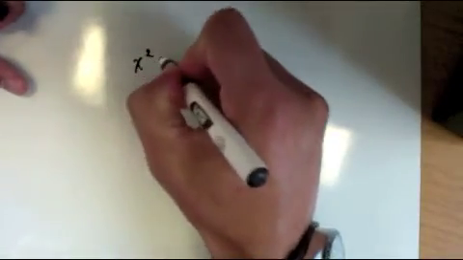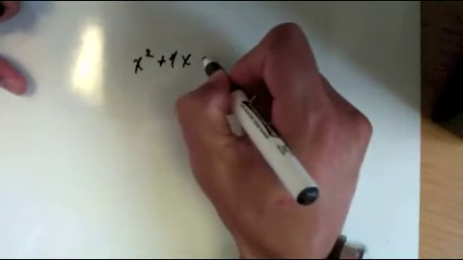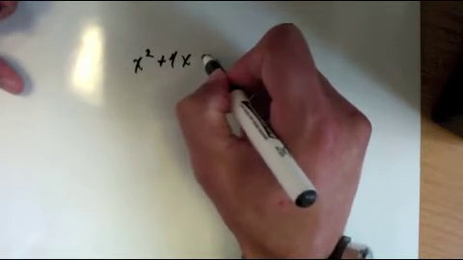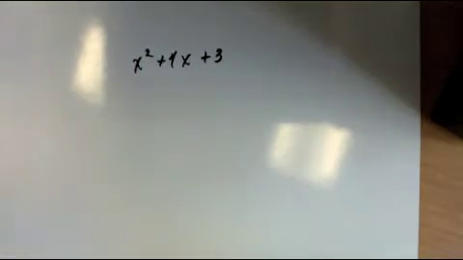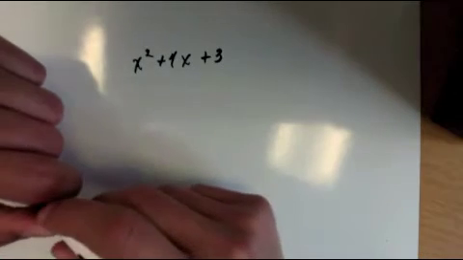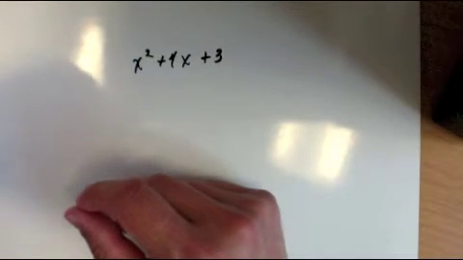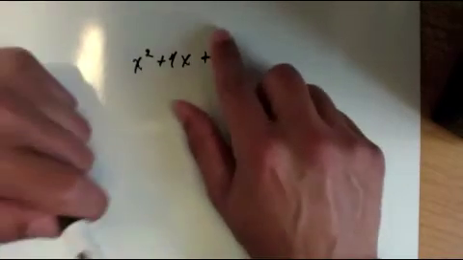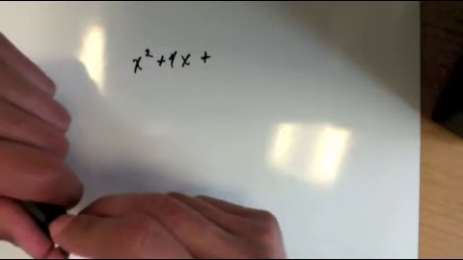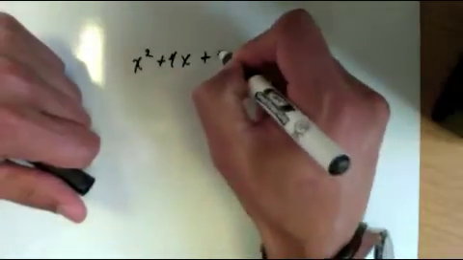So let's say you had x squared plus 4x plus, let's do 2.